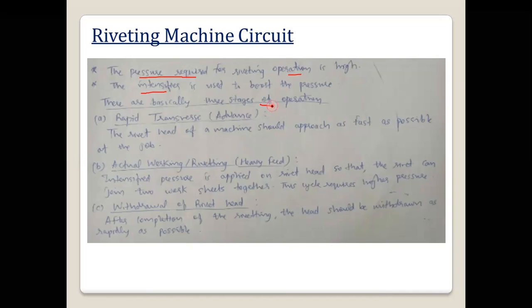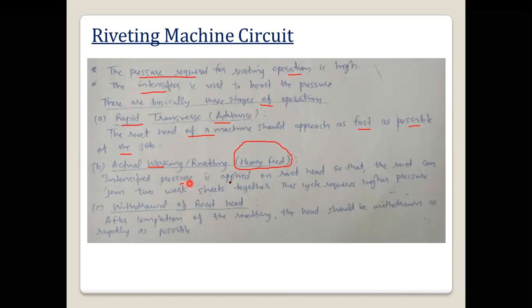There are three types of operation. First is the rapid traverse operation, that is advance, where the rivet head of the machine should approach the job as fast as possible. Second is the actual working, that is riveting, the heavy feed.